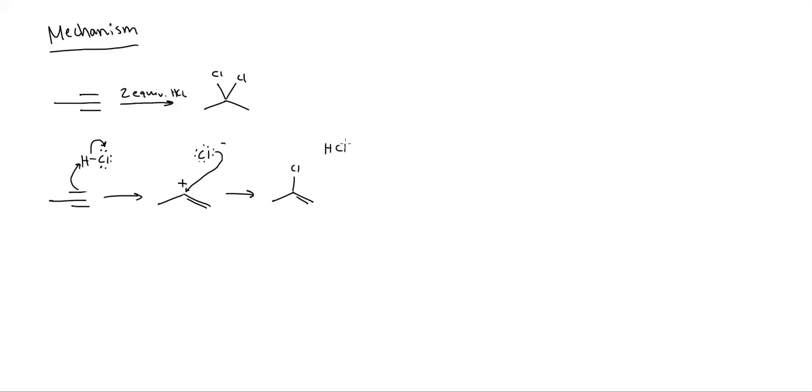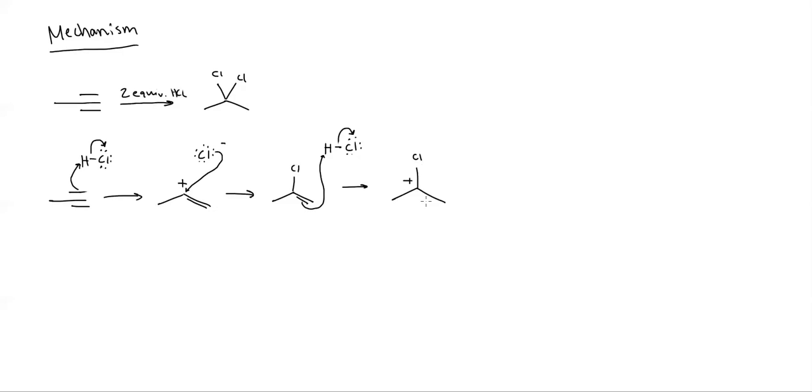So I just take another molecule of HCl. Whoop, didn't draw the bond, sorry. Another molecule of HCl here. And then what this is going to do is take this other hydrogen, and that's going to deprotonate the HCl, which is going to give me a carbocation again.